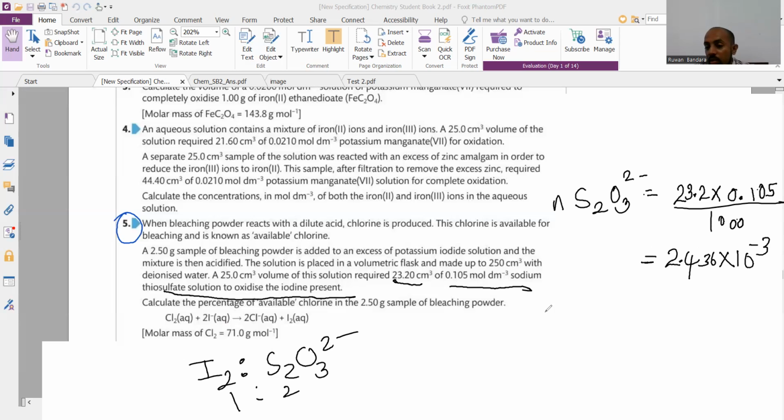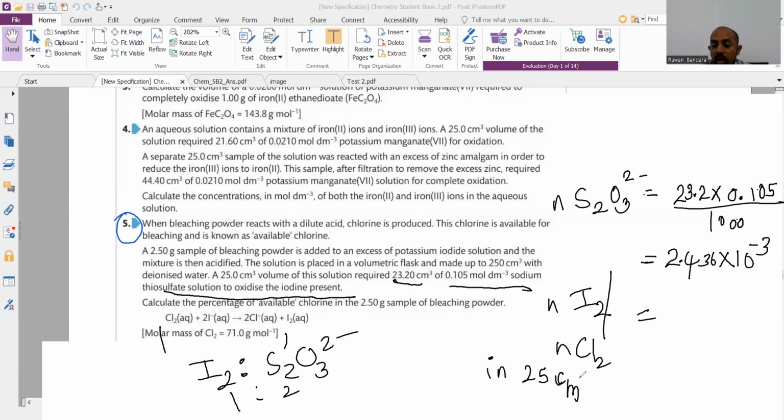Yeah, for the moles of iodine, and the moles of iodine will be the same as the moles of chlorine, or you can say moles of chlorine in 25 again. Remember this dilution factor.